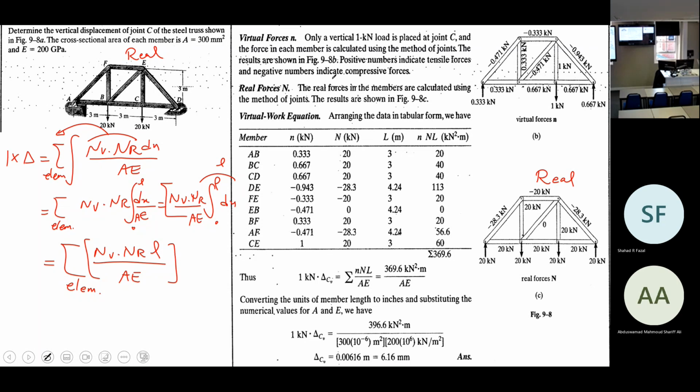There are two forces, 20 kilonewtons. What you need to do is write the equilibrium equations to come up with the two support reactions. Then start node by node and go through all the nodes, writing the equilibrium equations. For example, if you make a section here, you have two elements and two unknowns and a 20 kilonewton force. If you write summation of Fx and Fy equal to 0, you will find this force and this force.